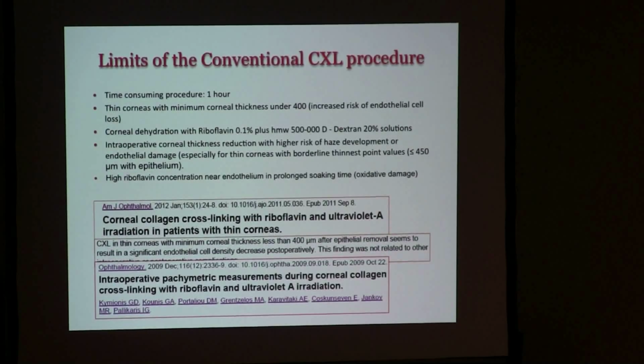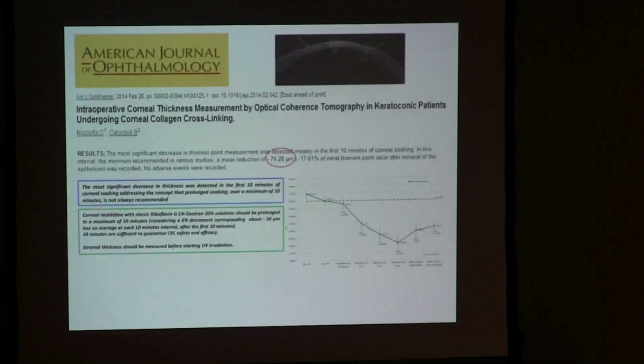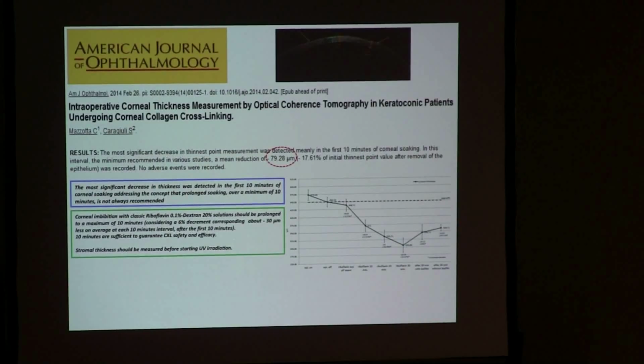And this is the principal question about complications. I cite this work that I also published with another group, in which we performed an intraoperative measurement with the conventional procedure. As you can see, during the soaking procedure, just after removing the epithelium, the cornea shrinks by more than 25%.